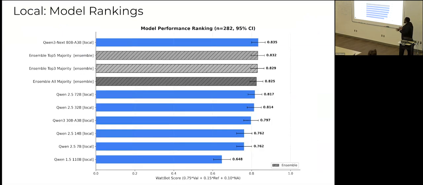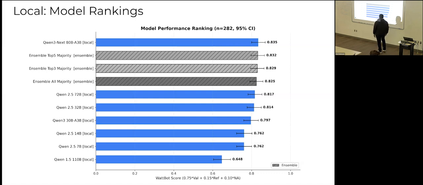So let's take a look at the results of the experiments that we did. You'll see that we started with Qwen 1.5 and went up to the Qwen 3 next generation models. This graph shows how the different models performed on the competition score.